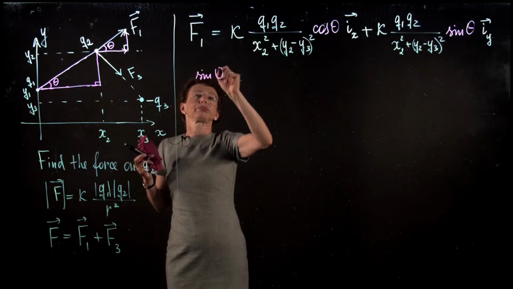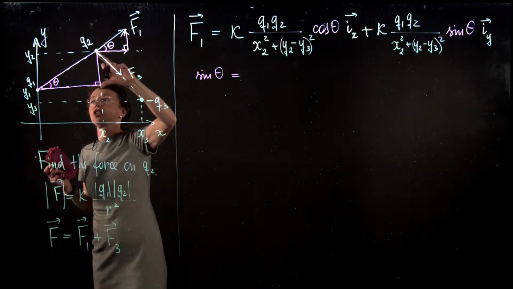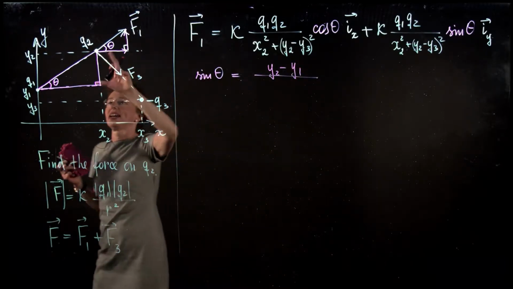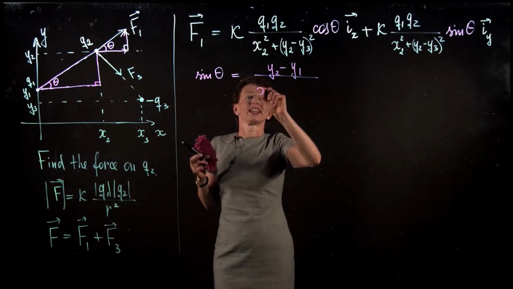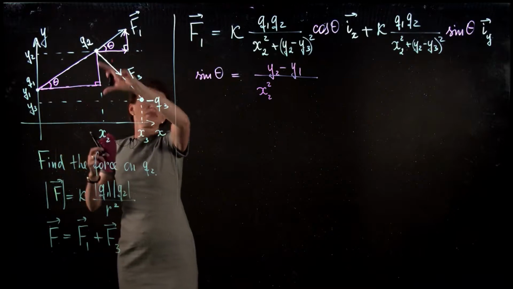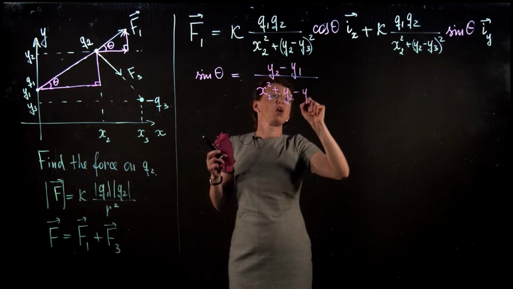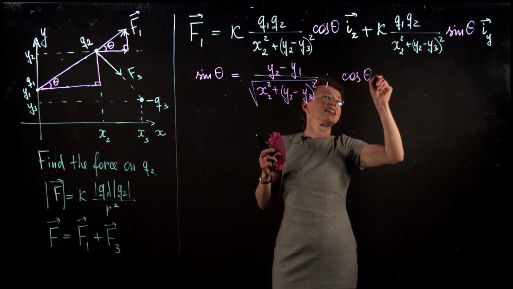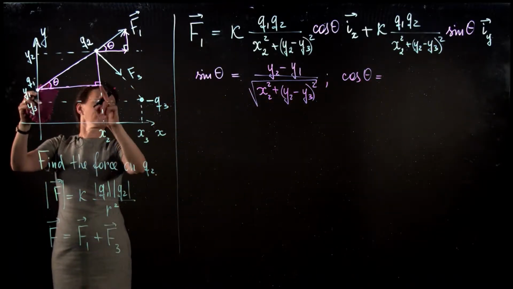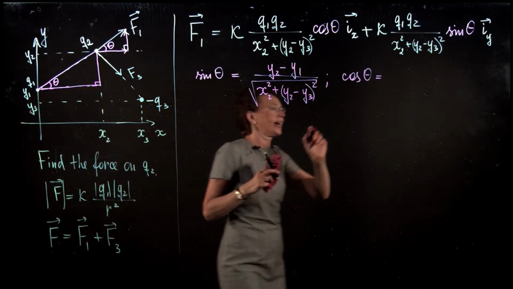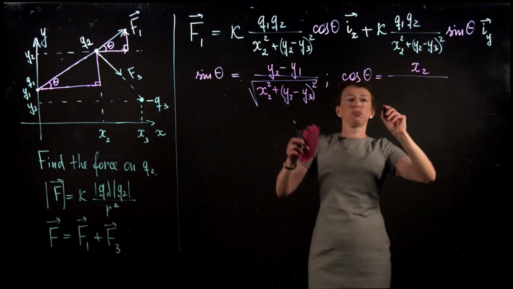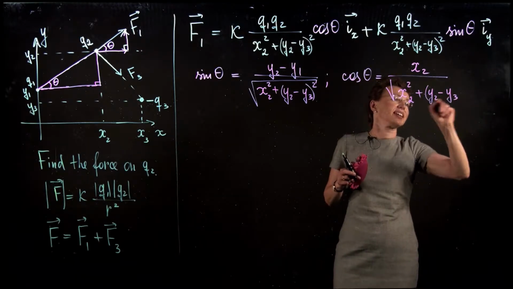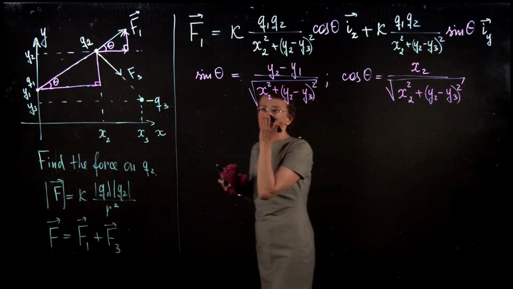So sine theta is equal to opposite leg, which is y2 minus y1, divided by hypotenuse, which is square root of x2 squared plus y2 minus y3 squared, and cosine theta is equal to adjacent leg, x2, divided by hypotenuse square root of x2 squared plus y2 minus y3 squared. This is sine and cosine.